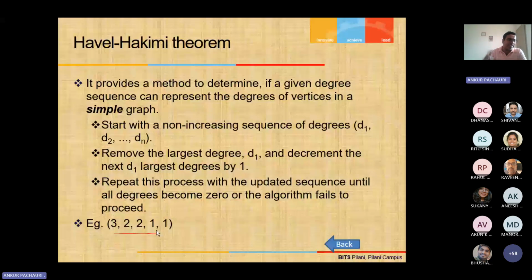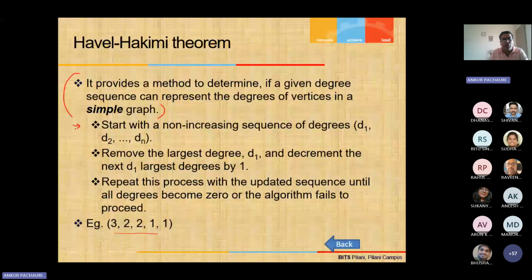If we are given a sequence of degrees, are we able to construct a graph out of that sequence or not? So it provides a method to determine if a given degree sequence can represent the degrees of vertices in a simple graph. Or in other words, are we able to draw a graph based on the given sequence? So how do we do that? These are the simple steps.